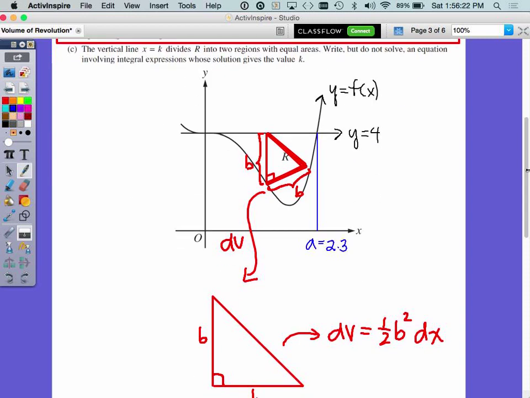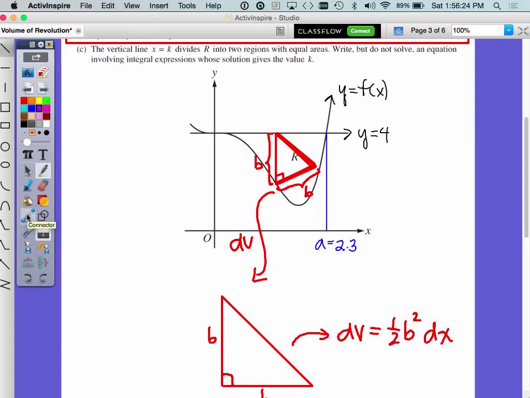So I can come back up to the diagram, and I can see here that in order to find the length of this base, I need to know 2 things. I need to know the height to the top of the triangle and the height to the bottom of the triangle. I recognize that there are 2 separate heights that I have to deal with. To the top of the triangle, that distance is always going to be 4. As our slice moves through this region, the top of the triangle never changes.